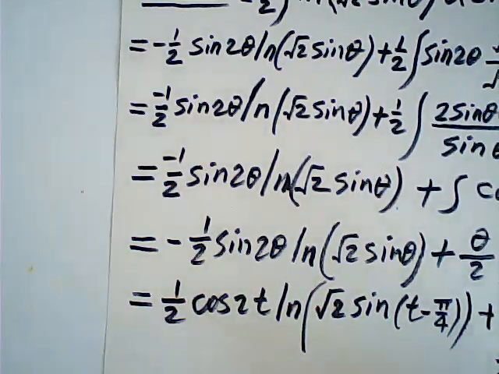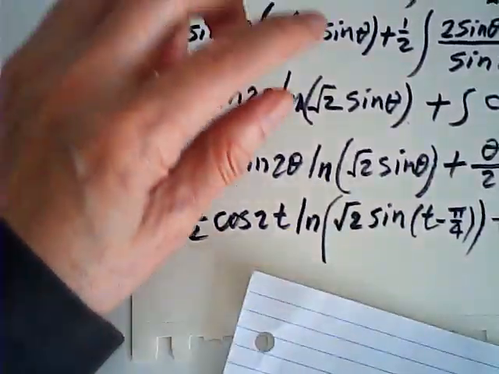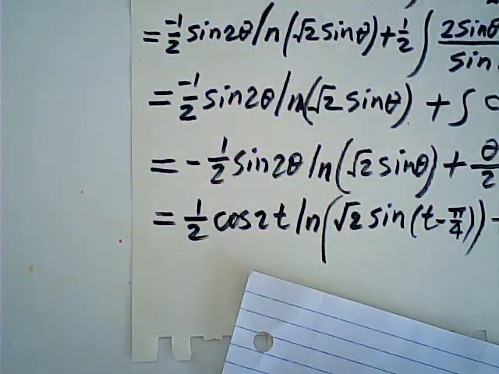Okay, now finally the conversion. Where's cosine 2t?